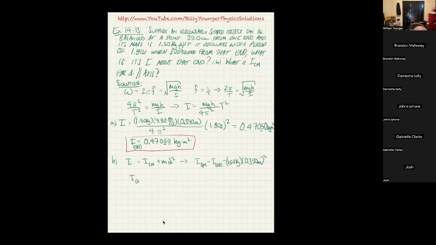So I about the center of mass, I'm having a hard time drawing center of mass or CM today without making it crazy. Okay, so ICM will equal 0.47050 kilograms times meters squared minus 1.50 kilograms times 0.390 meters squared.